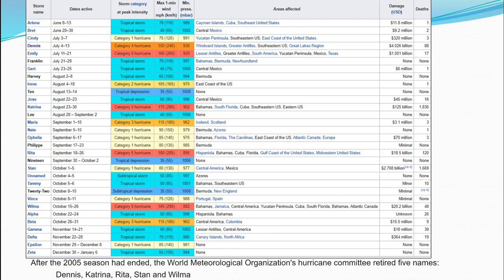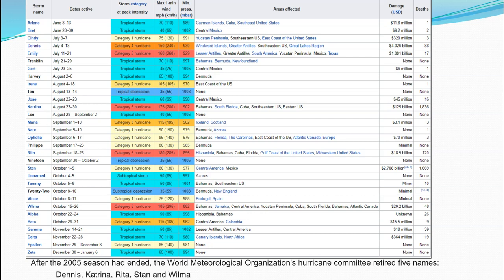So we actually got Alpha, Beta, Gamma, Delta, Epsilon, and Zeta that year. And those are the Greek alphabet. And so once you run out of the named storms, you just start naming them after the Greek alphabet. The good news is it's only happened once. But unfortunately, it'll probably happen again at some point.